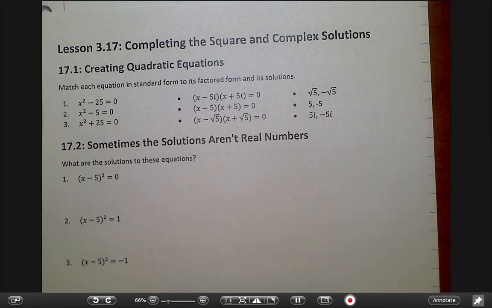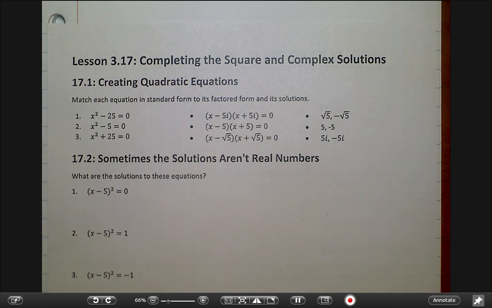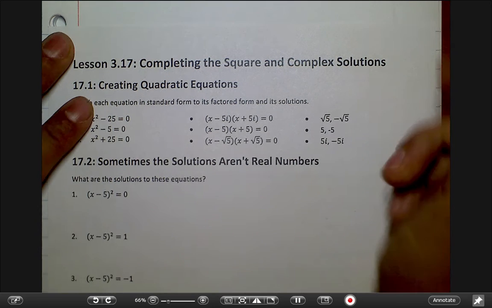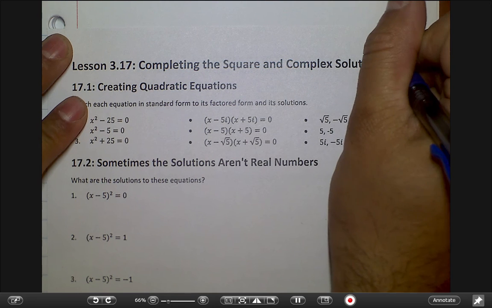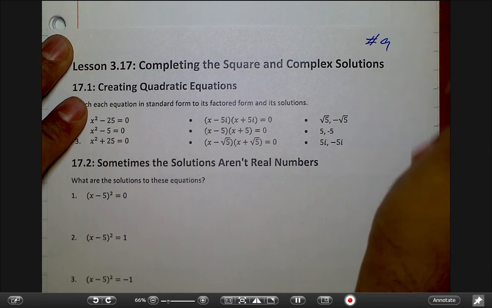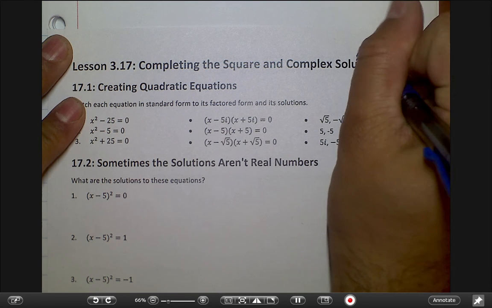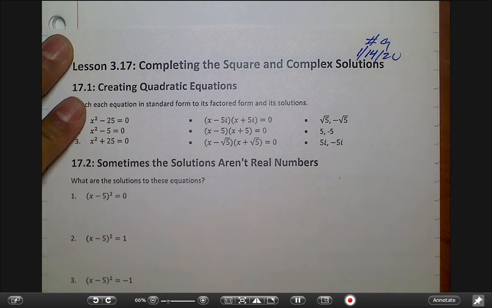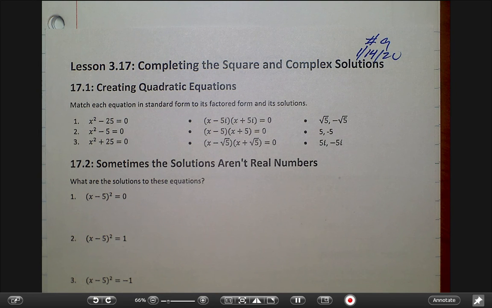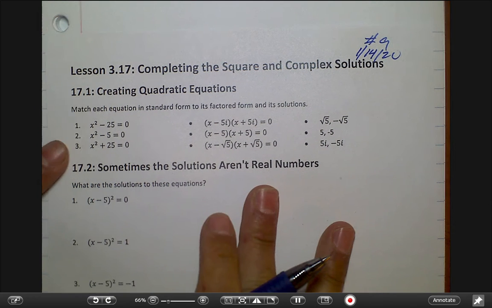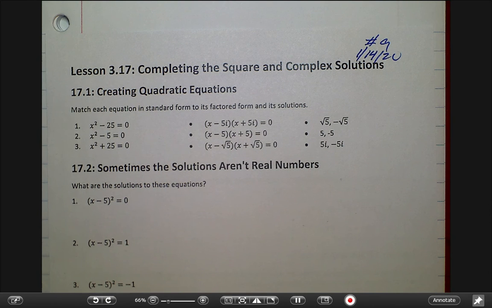All right. So for right here, this is page 9, number 9. Today's date, 14. For this one right here, it's a new type of problem, kind of like what we introduced yesterday with the perfect squares.